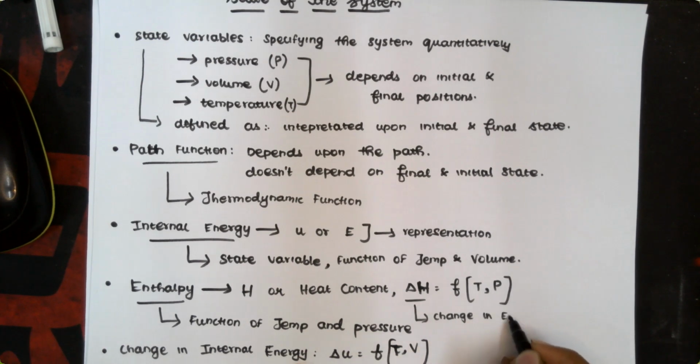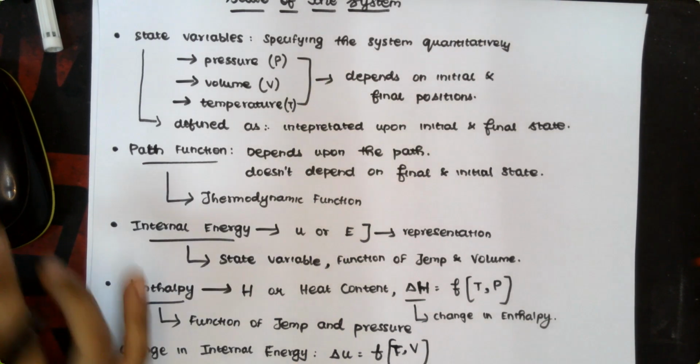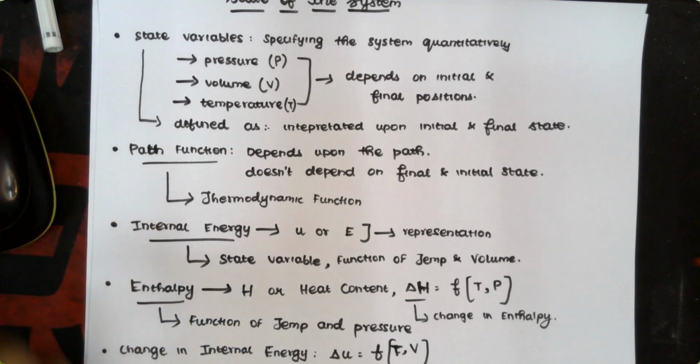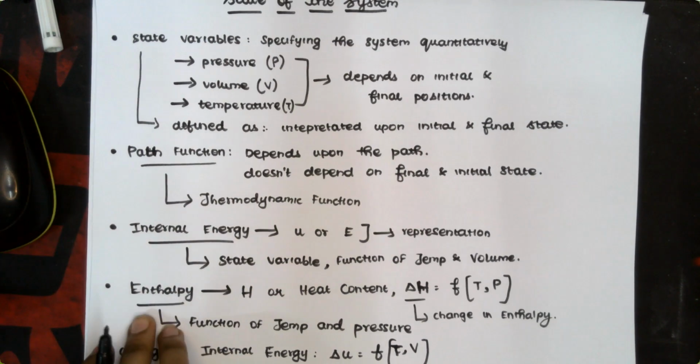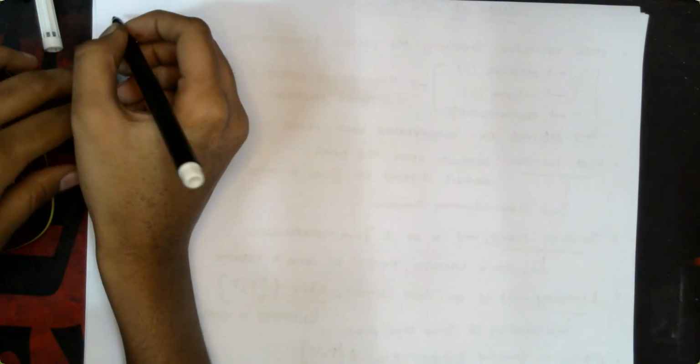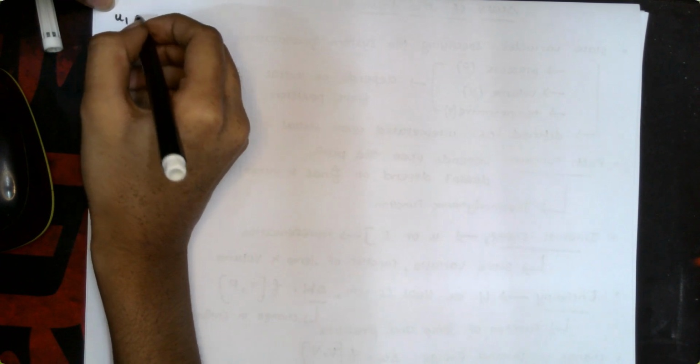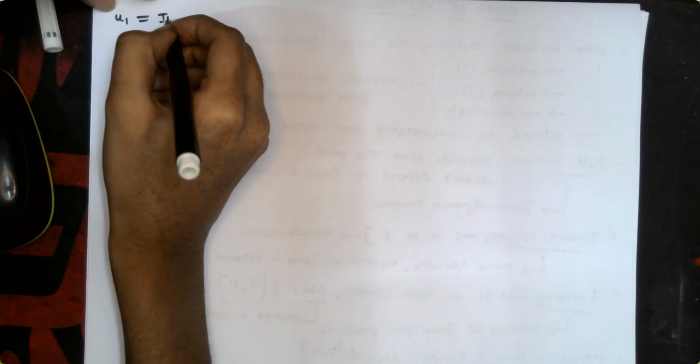Right. Then there is a relationship between this delta U and U2, U1. U2 is nothing but the final internal energy. U1 is the initial internal energy, that is at one state. At initial state you can mention.